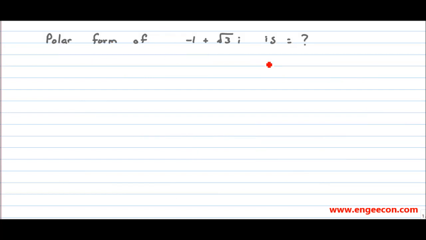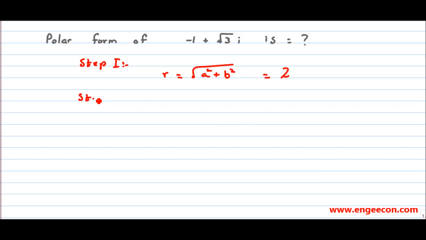So if it asks to find out the polar form of -1 plus root 3 i, follow the 4 steps that we have discussed before. Step 1, find out r as the square root of a square plus b square, which is 2.